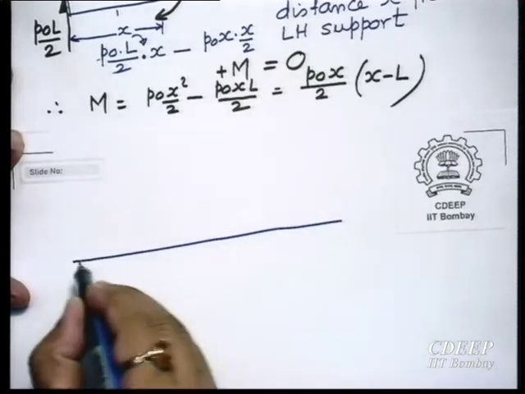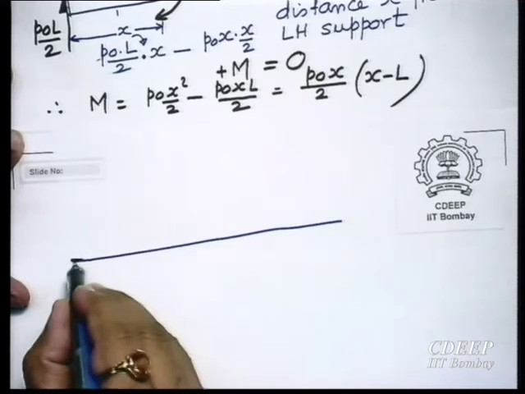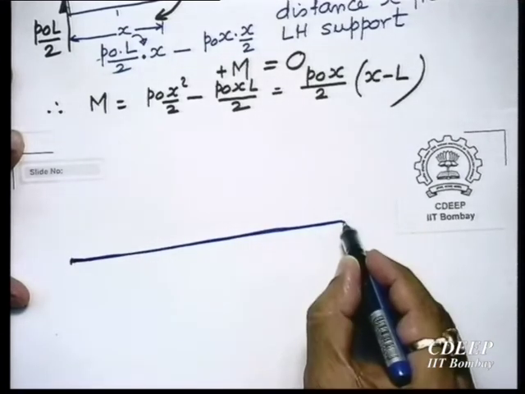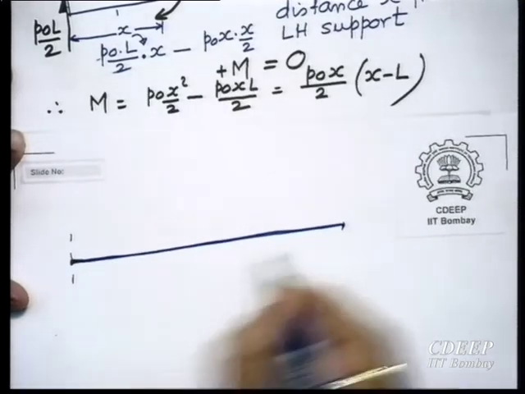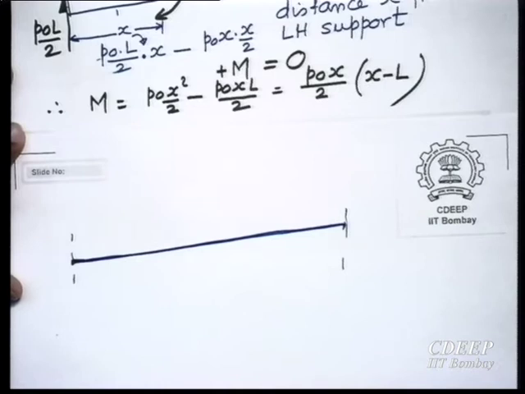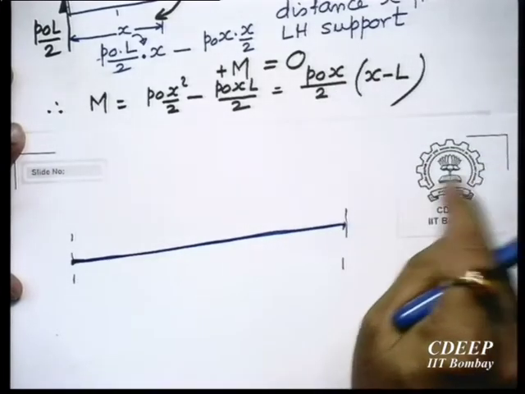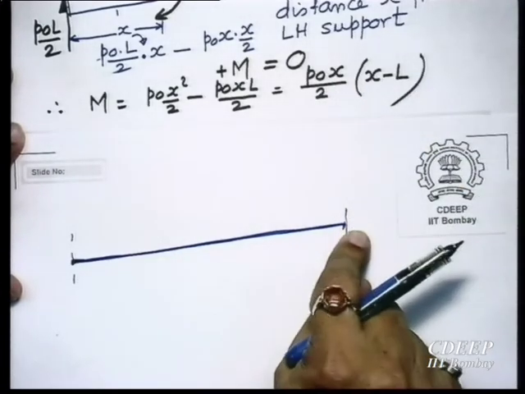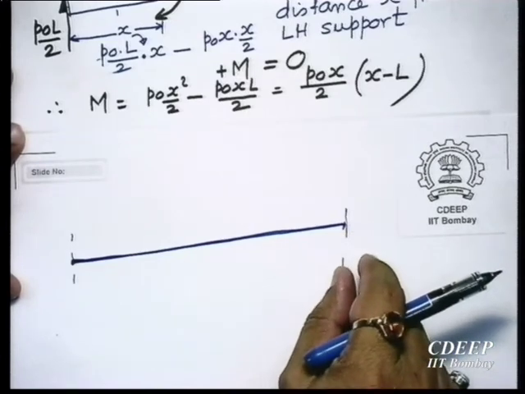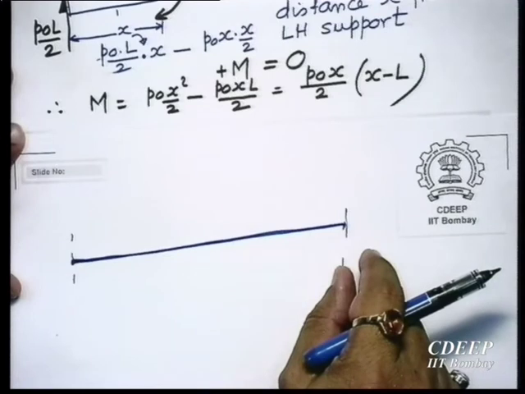This is the length x. Sorry, the line is not drawn horizontal. From these two ends, when x equal to 0, yes, it is 0. When x equal to L, this is also 0. In between, whether it varies positive or negative, that we have to see.